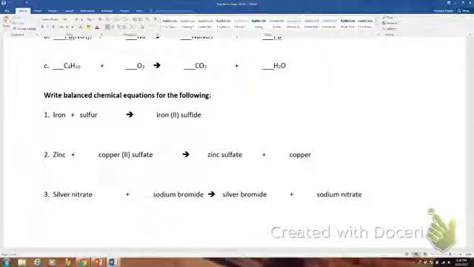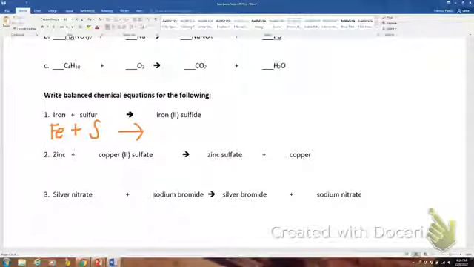So in this one we're going to say iron, and when it's just iron by itself, it does not have a charge. We're talking iron metal here. So we're going to say Fe plus sulfur, which all by itself does not have a charge. It only has a charge when it's in a compound. So Fe plus sulfur yields, and then it tells us our formula, iron 2 sulfide.